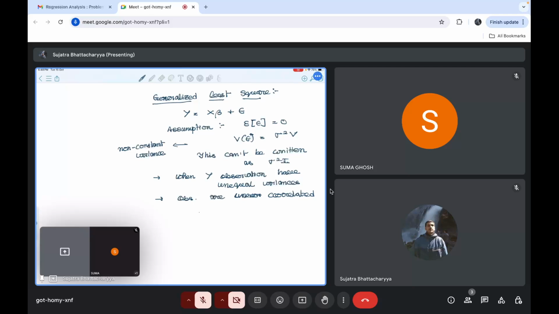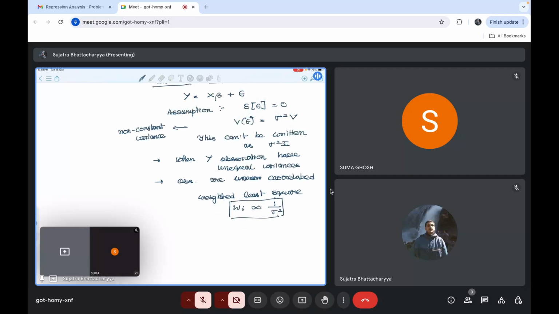We have discussed the weighted least square technique, and we have shown that this weight is proportional to 1 upon sigma square. This also we have seen, and we have solved several questions. So this is the generalized least square technique.